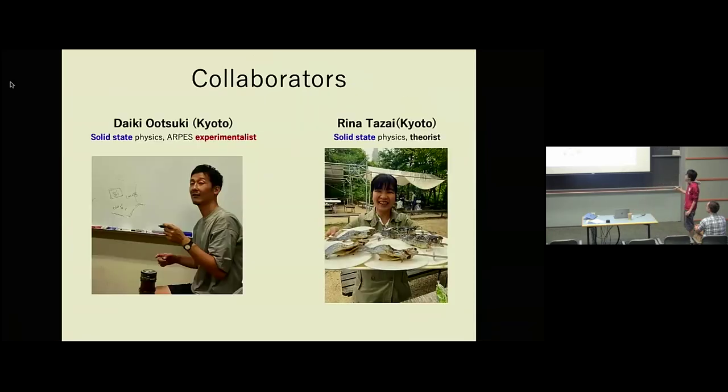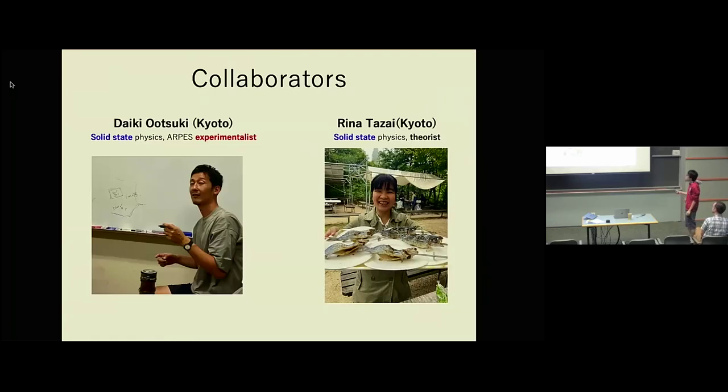Good. So I would like to start by thanking my collaborators, who are actually my very close friends, Daiki Otsuki and Rina Tazai, who are both solid-state physicists. She's a theorist working on a material called Kagome superconductivity, on which she has a pretty famous work.